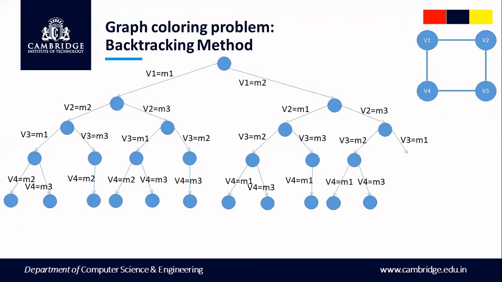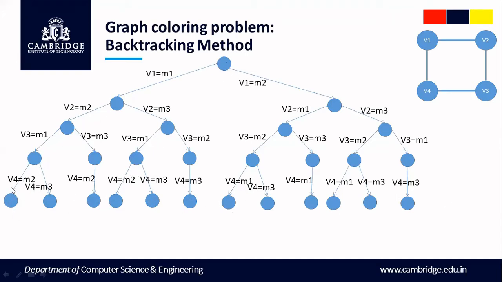So if it explores M1, then V4 is left with only one option, because V1 and V3 are different colors and the leftover color should be for V4. So all the bottoms of the tree indicate successful cases.